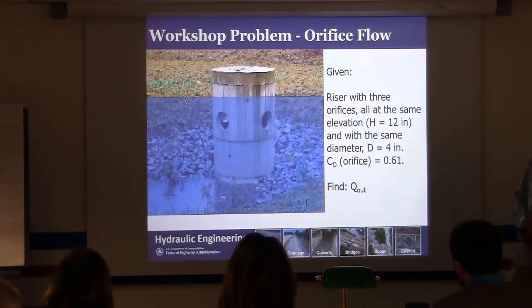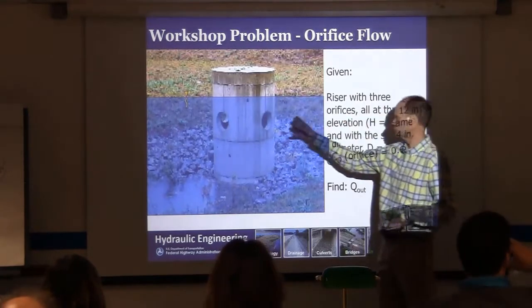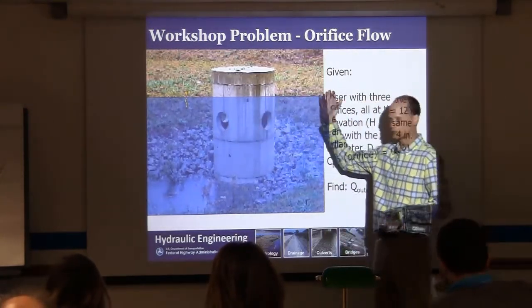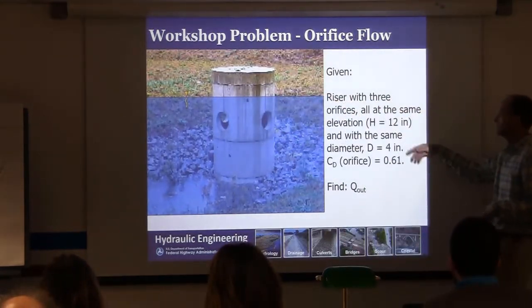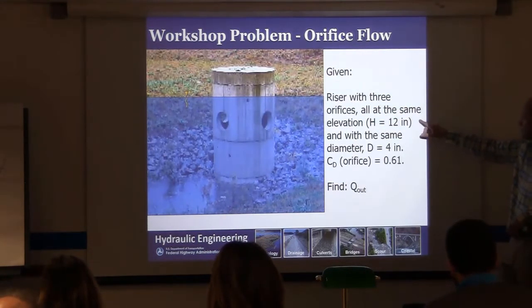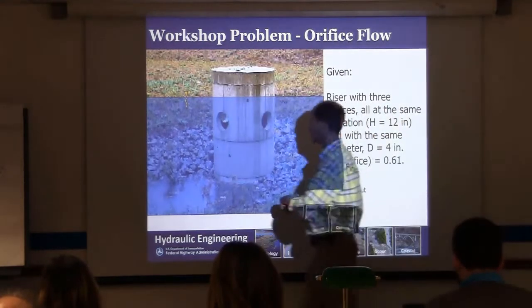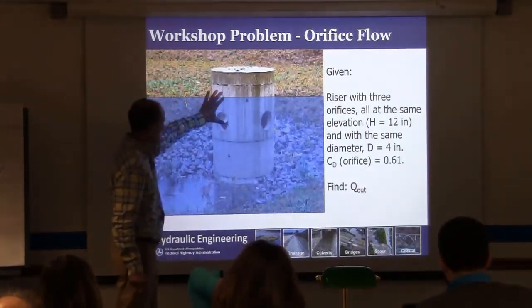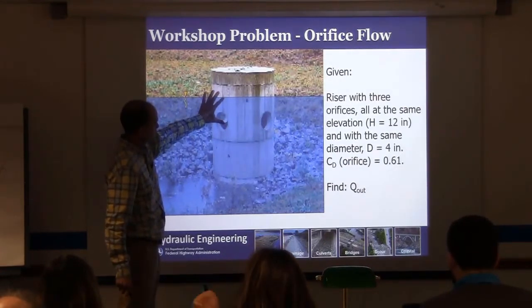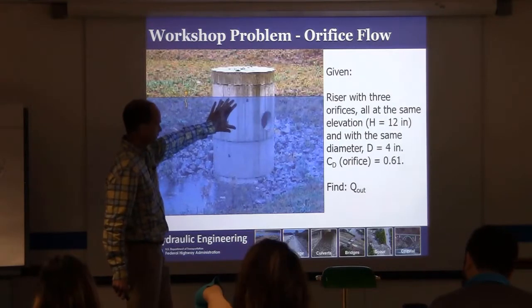Next problem, given this riser here, and I'm guessing there's 3 or 5 here, I don't know for sure. Let's assume this riser with 3 orifices, and they're all at the same elevation. The H is measured from the water surface to the center of area of this orifice, and is 12 inches or 1 foot.